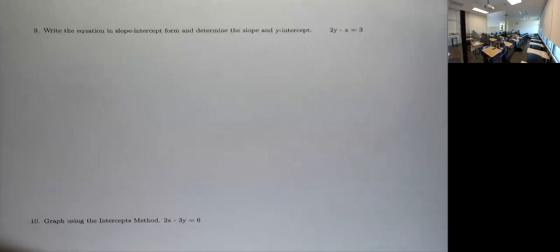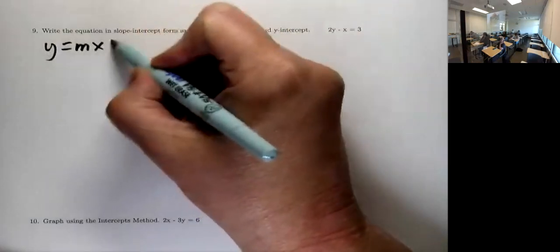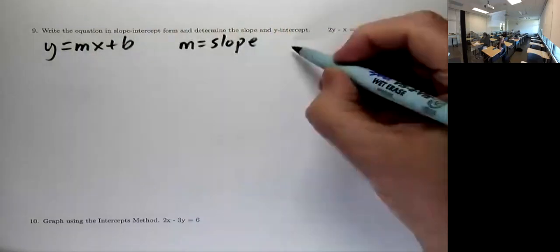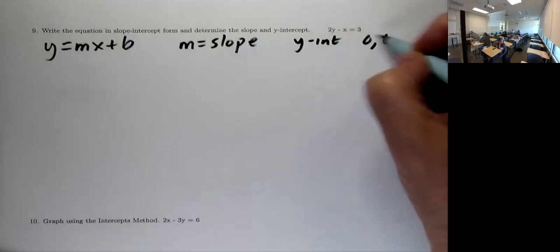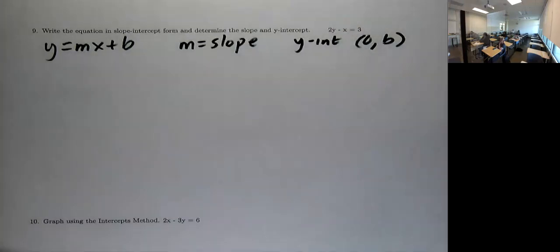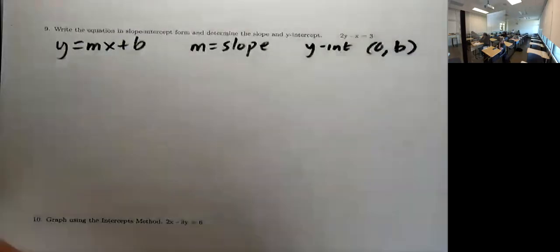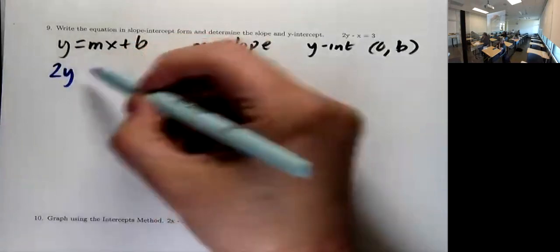All right, this says write the equation in slope-intercept form and determine the slope and the y-intercept. So slope-intercept form is y equals mx plus b. M is the slope. The y-intercept is (0, b). So we need to get 2y minus x equals 3 written in the form of the line above.